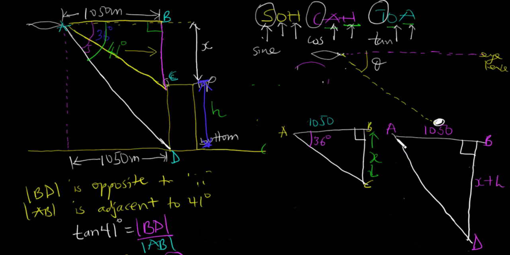The angle that we have here is 41 degrees. So when you compare these two right angle triangles, what do you see?